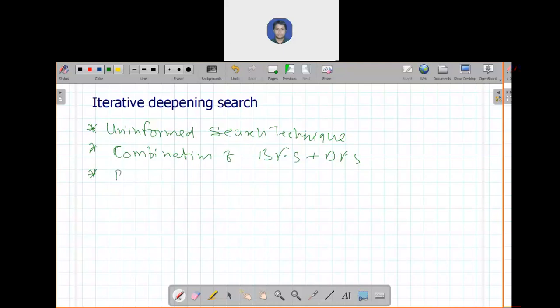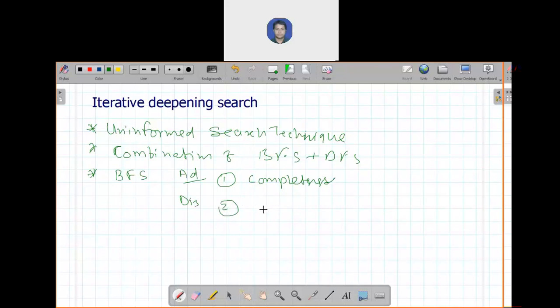As you know, what is the advantage of BFS? The advantage of BFS is completeness. Completeness means it will definitely give you a solution if a solution exists. And what is the disadvantage of BFS?